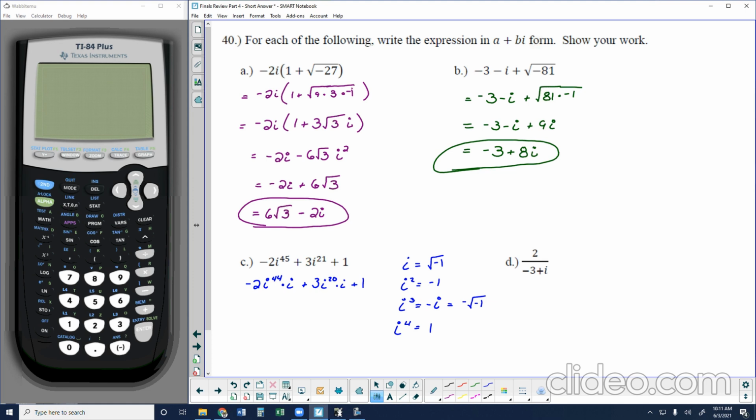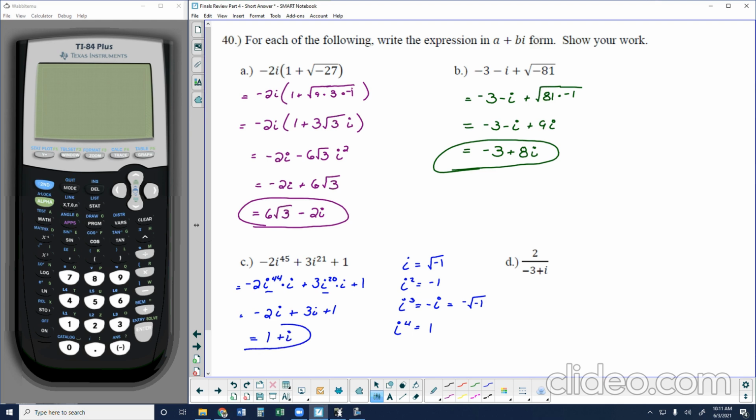The reason I'm breaking them into these numbers is because those are multiples of 4, which means their value is just 1. So I would have -2 times 1, which is -2, times i, plus 3 times 1 times i, plus 1. So now I can combine my i's and list my real number first.